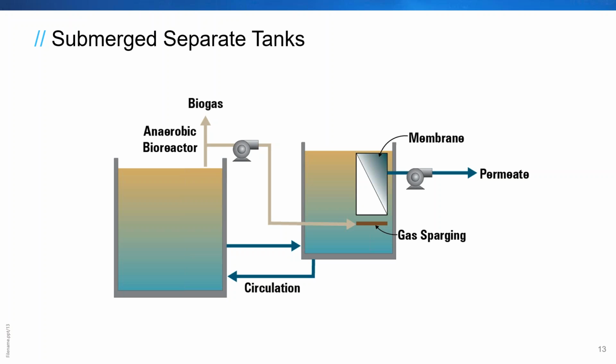Typically, you see this in much larger facilities, as opposed to the external tubular style, which, in my opinion, is possibly more of a lab scale approach, whereas this you could see in a pilot or even full scale approach.